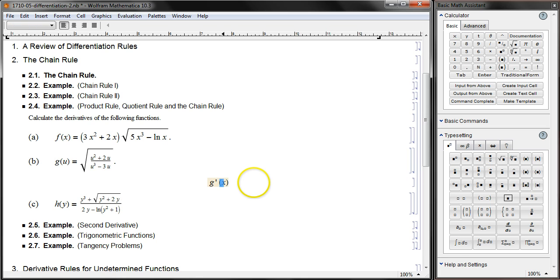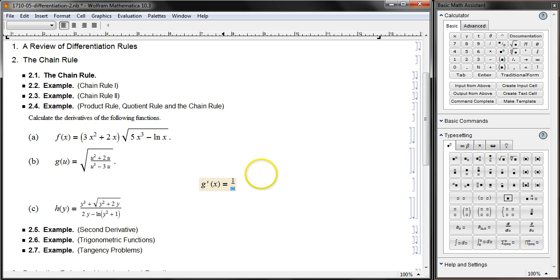J prime of x is, okay, outer function 1/2, and then subtract 1 from the power, and we have to multiply the derivative of the inside. That's the structure. What goes here? Step 2 of the chain rule. Inside stays the same.